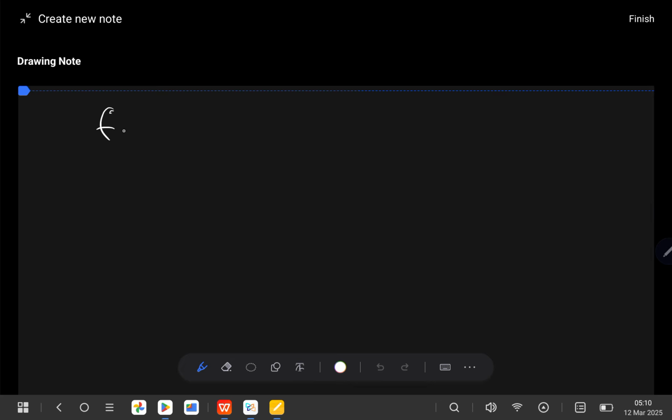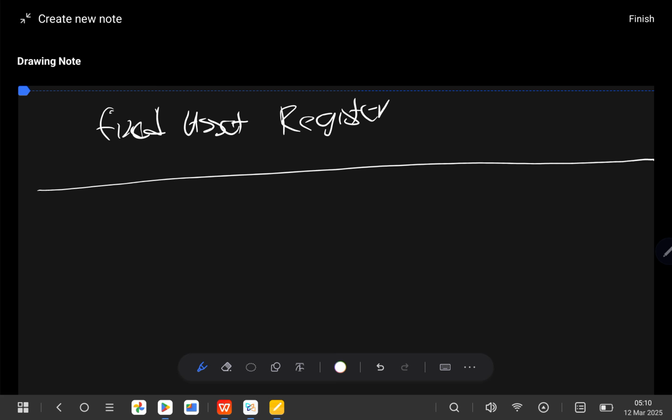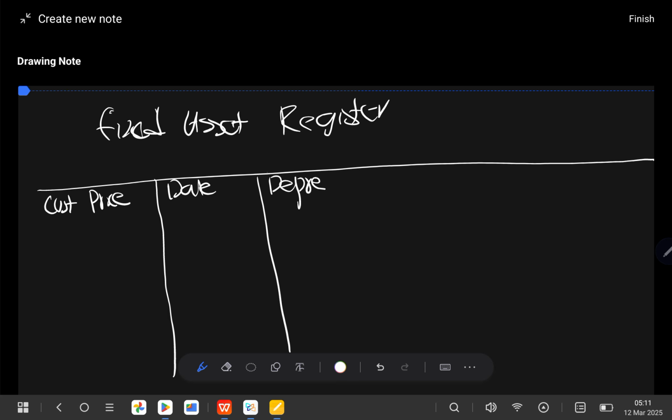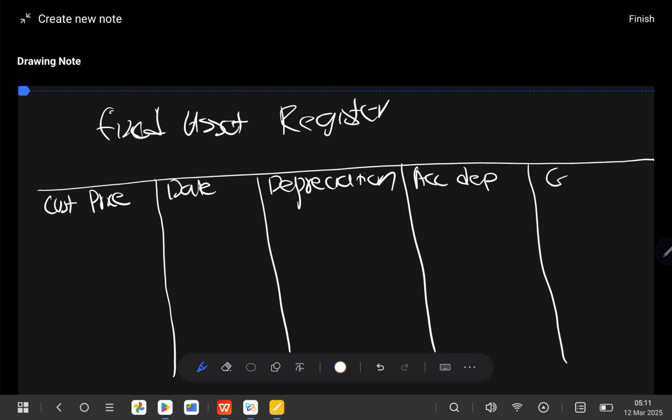So do the fixed asset register, and then remember, it has got a number of columns. It has got a column for cost price, here for the date, and then depreciation, and then we would have our accumulated depreciation, and then we'll have our carrying value.